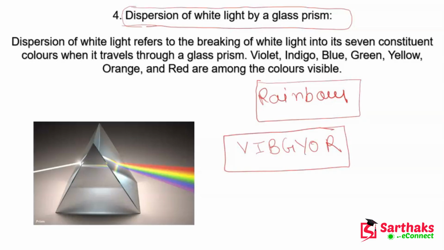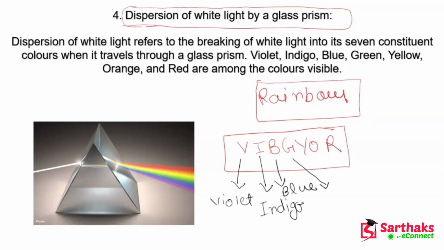So V basically stands for violet, this I is for indigo, and this B is for blue.